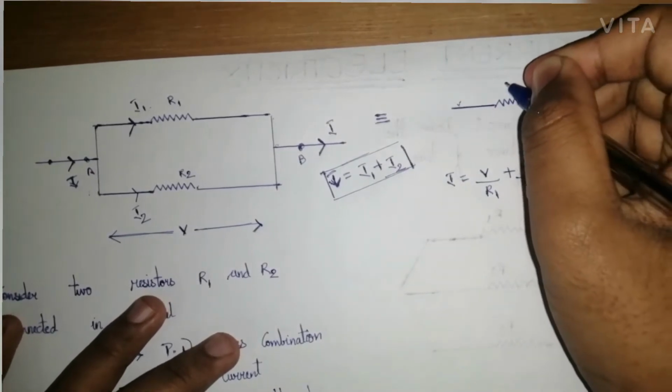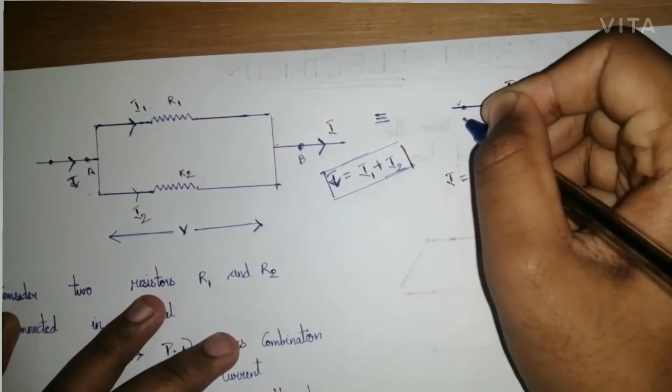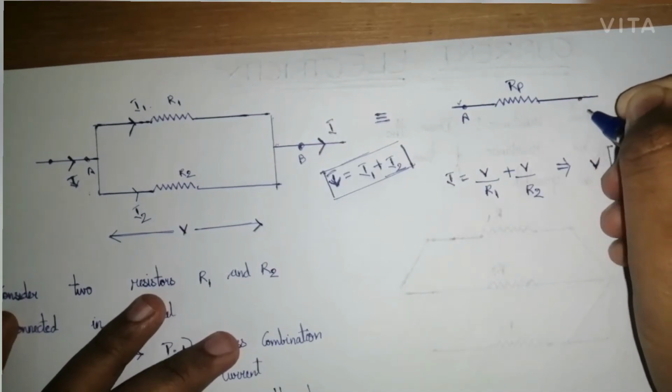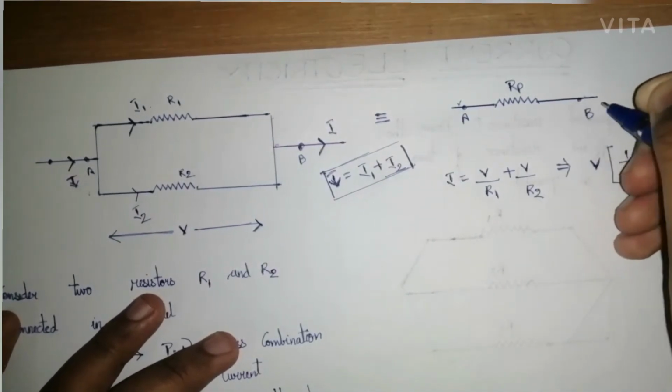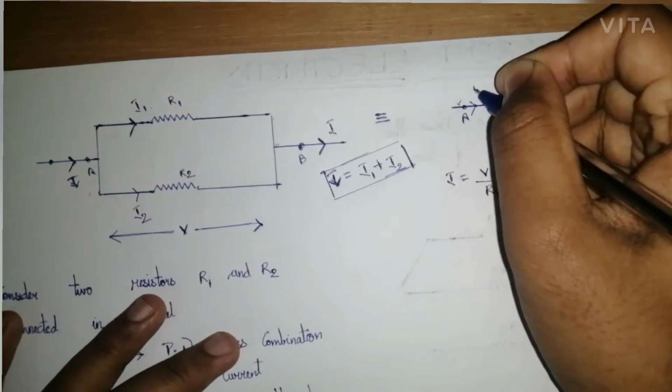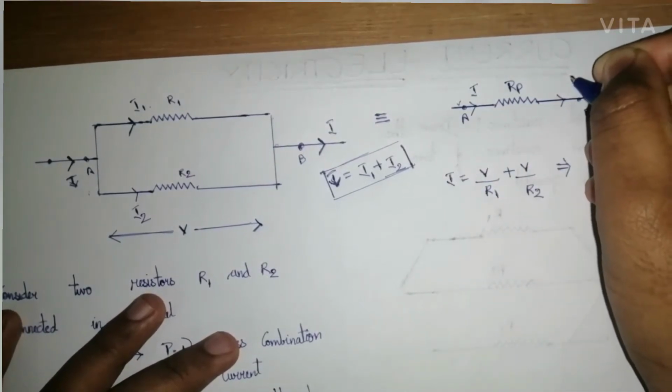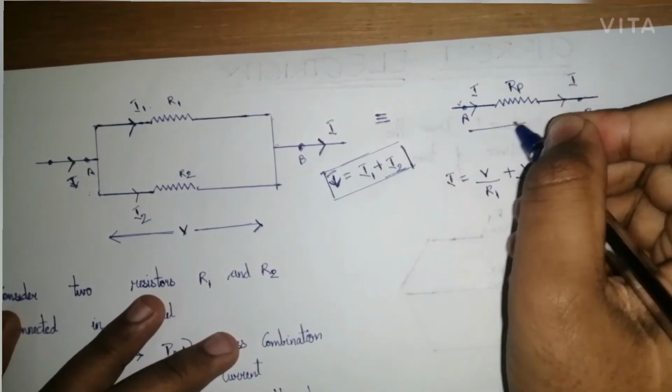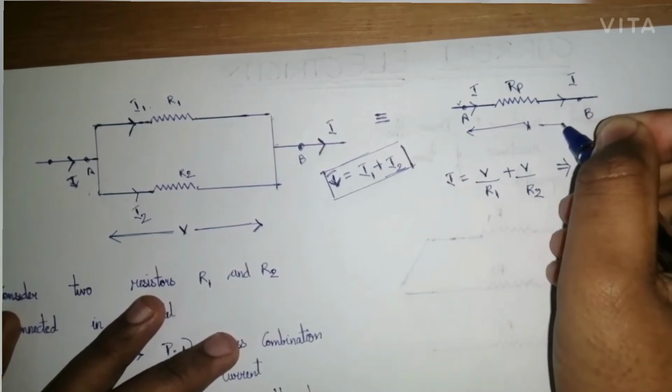You can call this RP, and this is your point A, your point P. Current I will be flowing and you'll have the same potential.